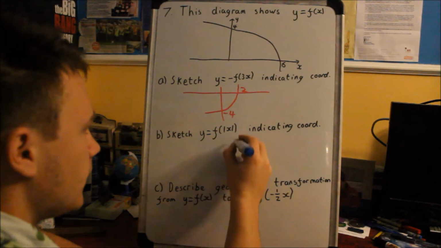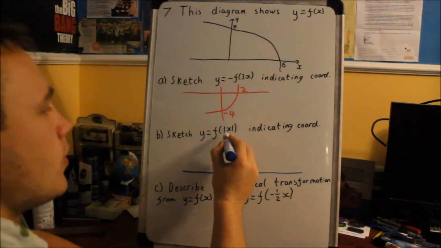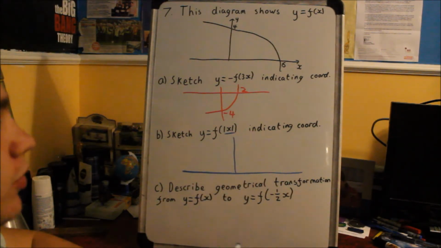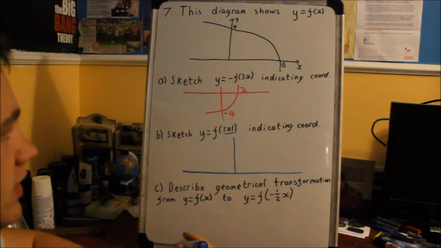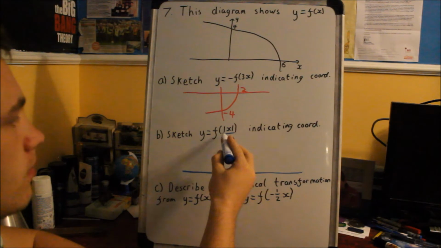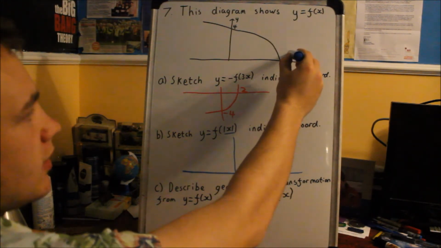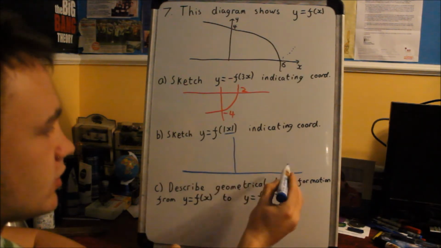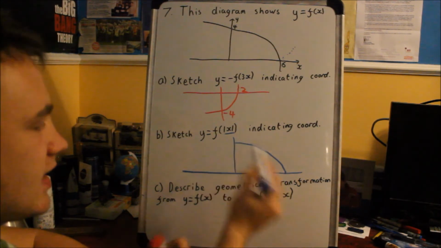In this one, the mod is just of the x, which seems to have tripped up quite a few of the candidates when they took this exam in June 2013. With the modulus of x, you normally reflect it, so it would go up here rather than going below the x-axis, but it's the mod of just x. So none of this part will have changed, because this is all positive values of x anyway.